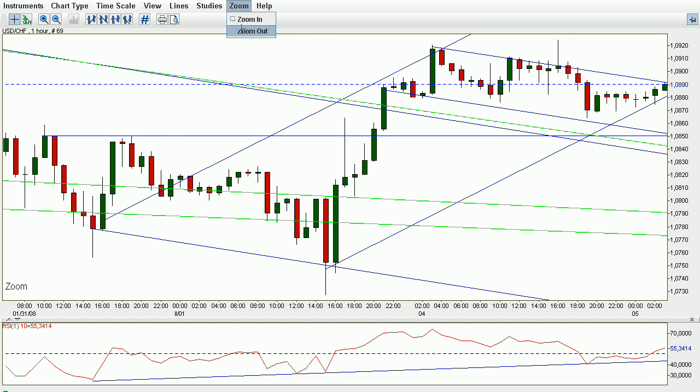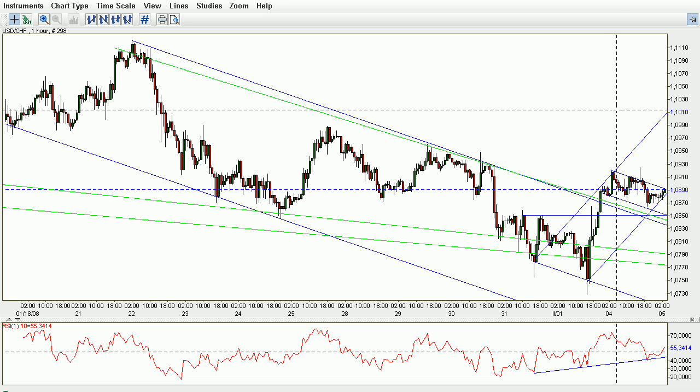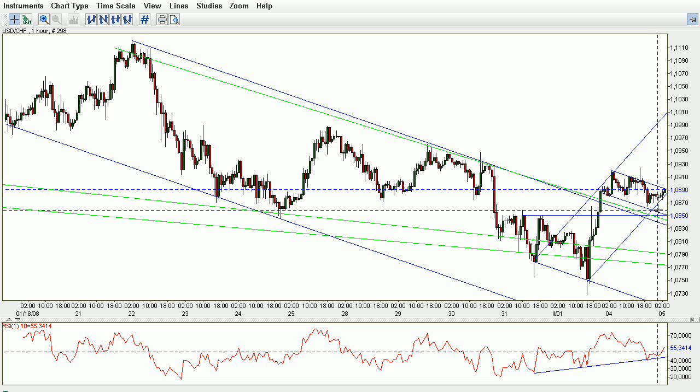Your price target should be set on approximately this level of 1.910, which is 120 pips above the price action right now.